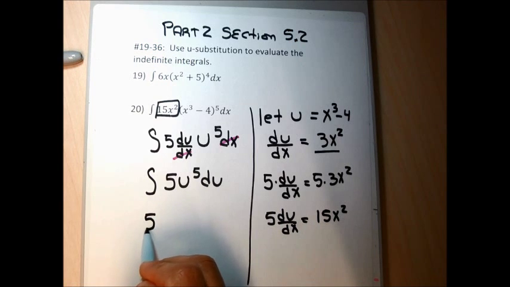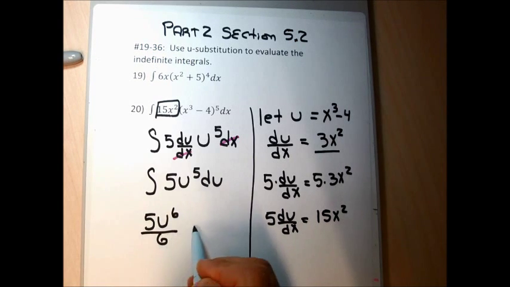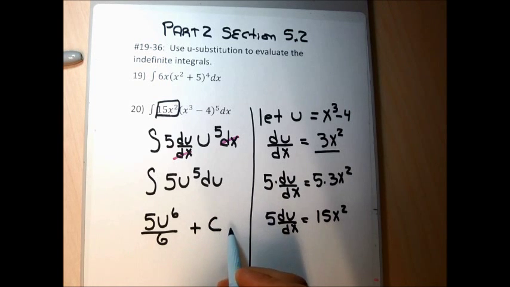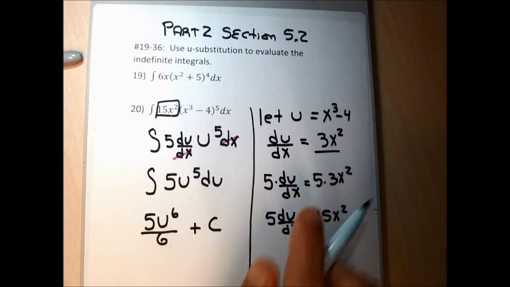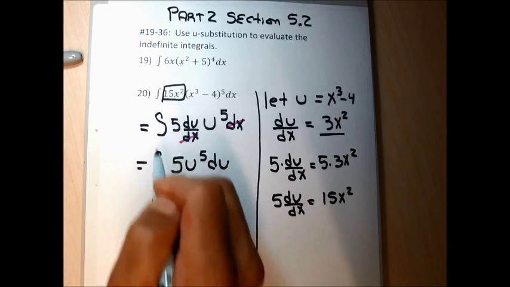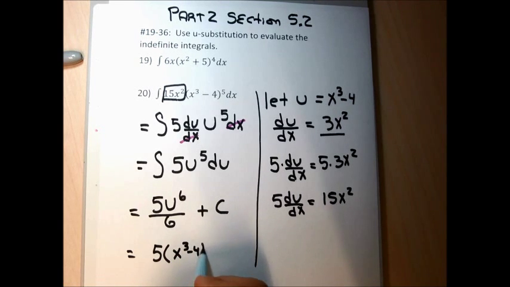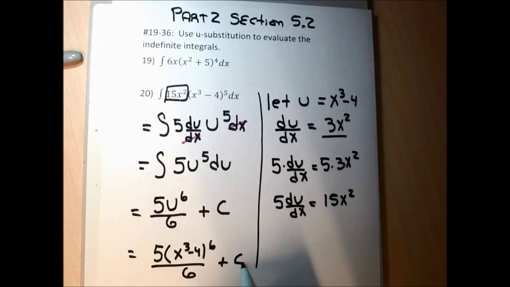So I'm going to get 5u to the 6th over 6 plus c. I can change my u back to x cubed minus 4. And this is a perfectly fine answer.